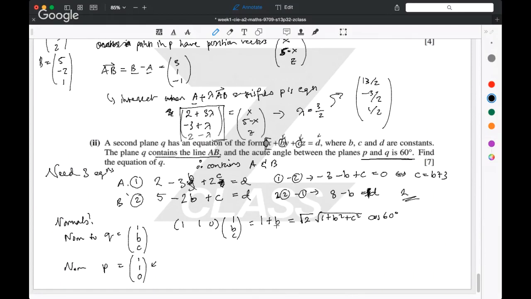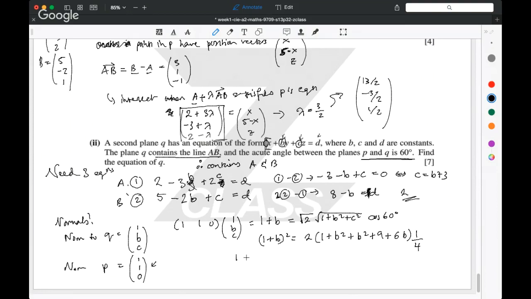So now I'm going to square both sides. So I get 1 plus b all squared is equal to 2 times 1 plus b squared plus c squared, and I'm going to substitute in the value I found for c from before, which was b plus 3. This is plus b squared plus 9 plus 6b, times the cosine of 60 degrees squared, which is going to be 1 on 4.